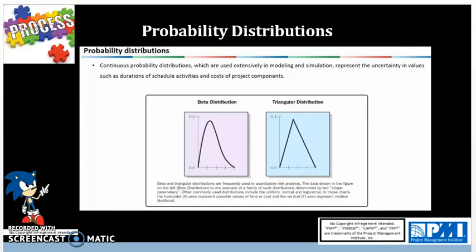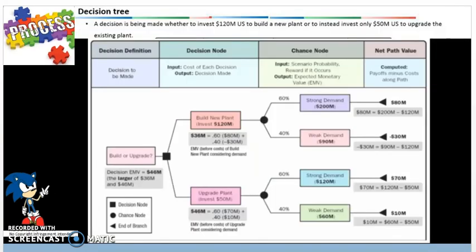Next, we'll be going over the decision tree tool, where the decision tree is a tool used to decide using a tree graph model of the decisions and their possible consequences, including chance event outcomes, resource cost, and utility. In this case, it shows the cost outcomes based on the questions such as do we build or upgrade.